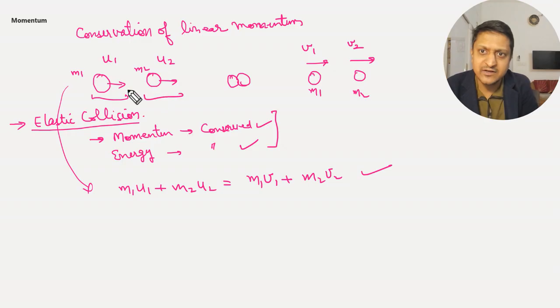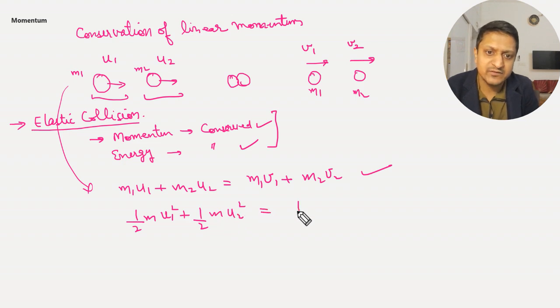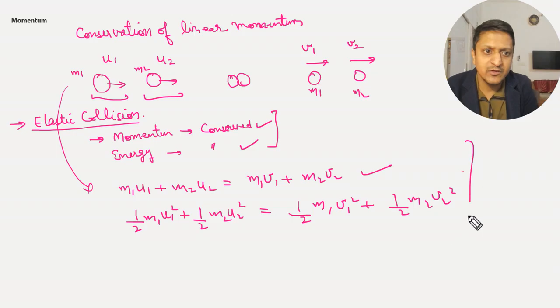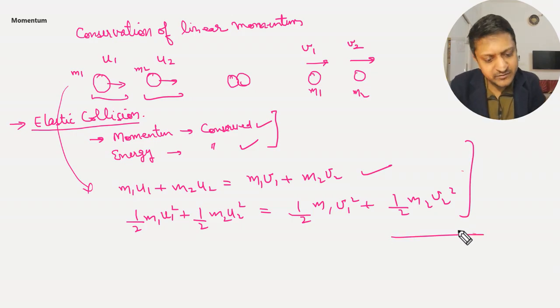And the kinetic energy of both of them, half m1 u1 square plus half m2 u2 square, will be the same as half m1 v1 square plus half m2 v2 square. So these two formulas will be valid for them, because it is an elastic collision.